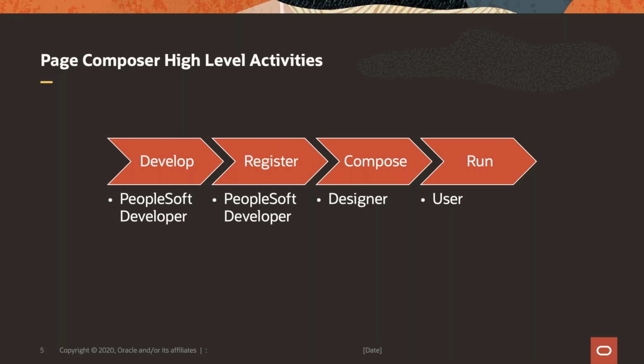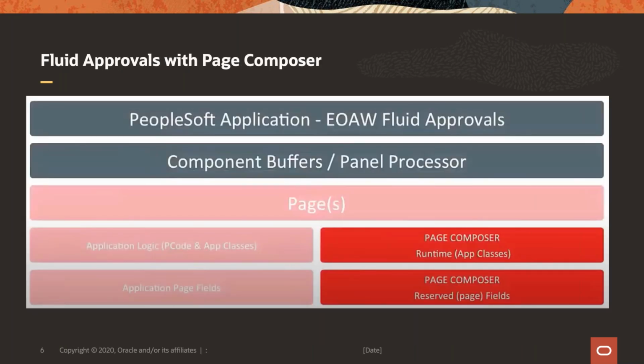Great. So from an architecture standpoint, just so you understand where Page Composer lives within the architecture, Page Composer sits basically right beside the application logic and the application page fields. And it has reserved page fields for Page Composer, and it runs at runtime.